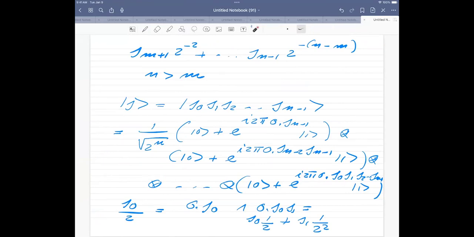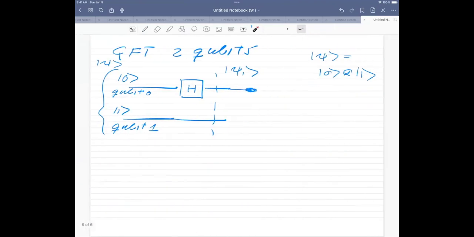And then the second one here is going to give me a rotation. So if we look at this one, we would write this in terms of a so-called S gate or rotation gate. You will often see this as an S or as an R gate. But this is a so-called phase gate.